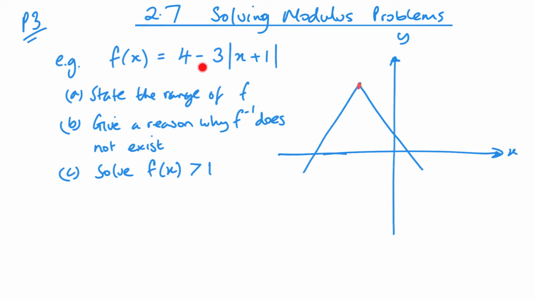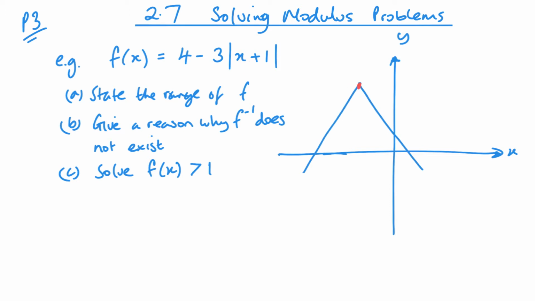because the inside is always positive, and positive multiplied by negative 3 is always going to be negative. So any number inside here that isn't going to make this 0 will make this a smaller number, so it'll be either side here.